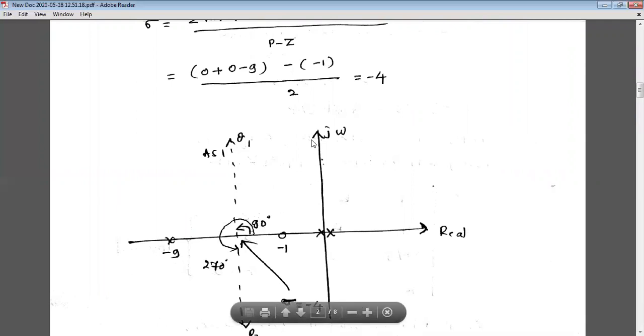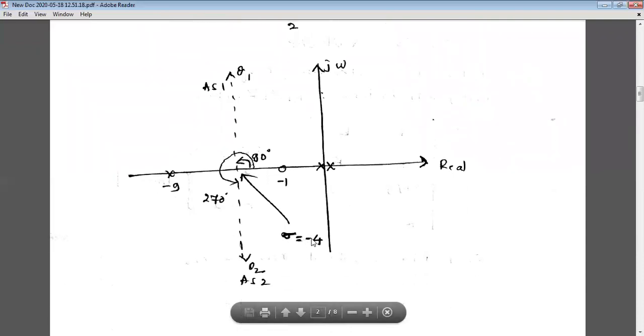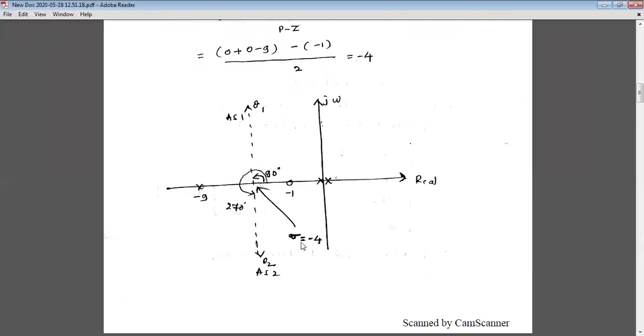Next, we need to plot a rough diagram of how exactly the centroid and asymptotes look. This is the real axis and this is the imaginary axis. Here I am showing two poles at 0, one zero at minus 1, and one more pole at minus 9. Here I am showing the centroid, denoted with sigma, the value minus 4, right?